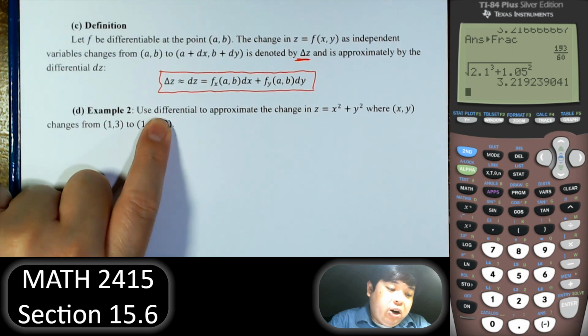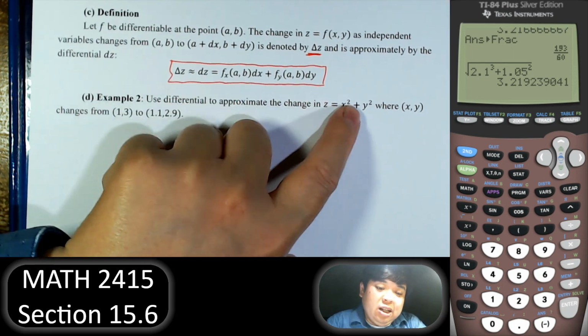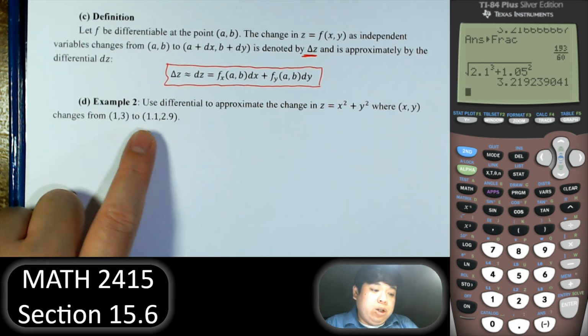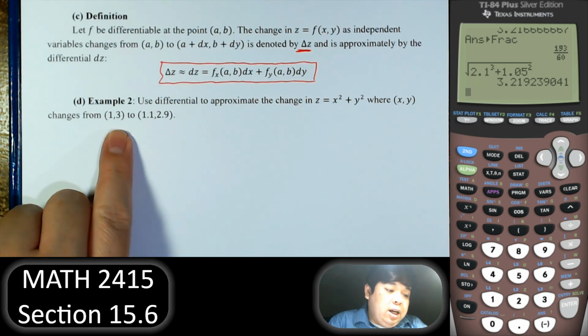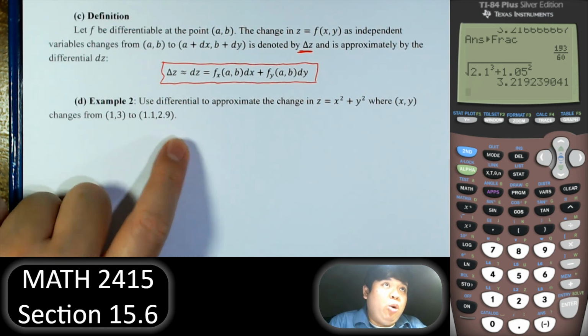Now, use differentials to approximate the change in z, where we have the changes from (1, 3) to (1.1, 2.9).